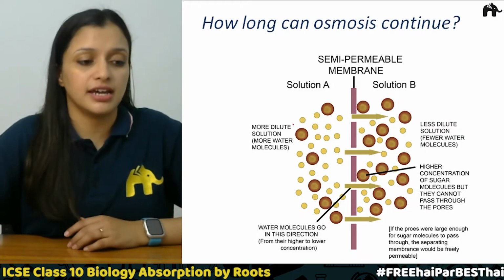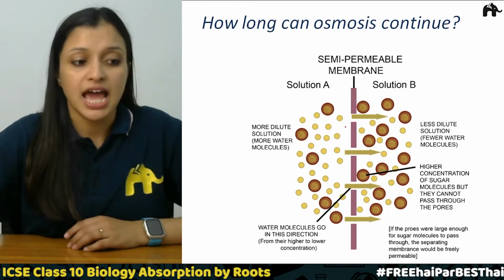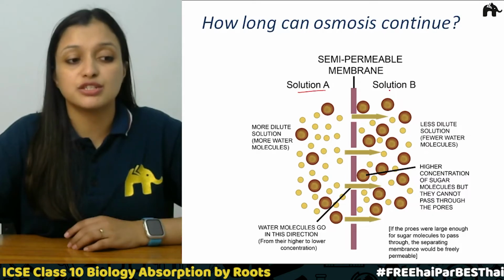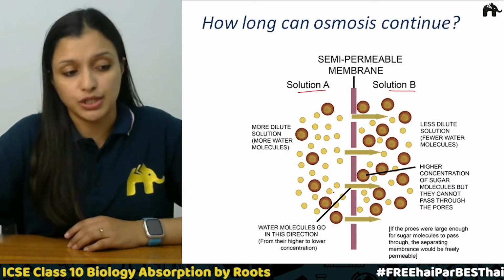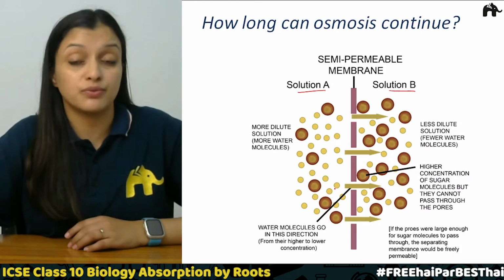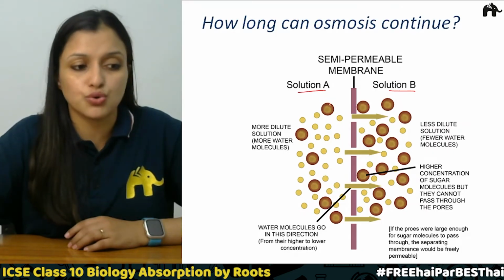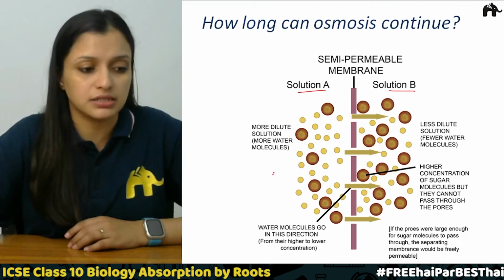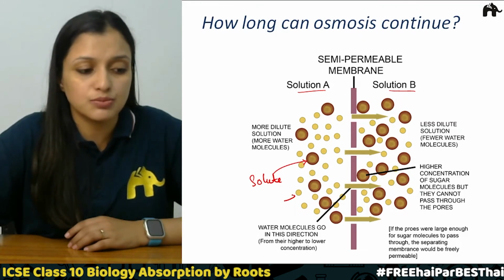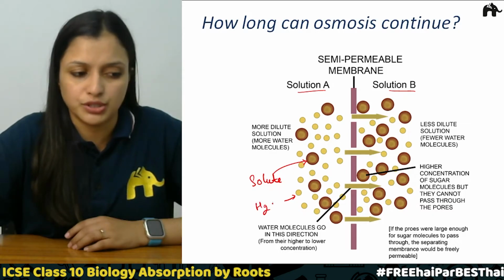So this is a semi-permeable membrane, and this is solution A, this is solution B. So solution A is the more diluted one, where the water molecules are more. These round ones show the solute particles, right? So this is a solute particle and these smaller ones are water molecules.